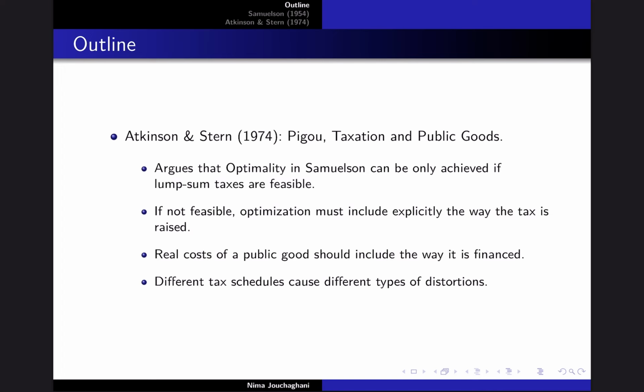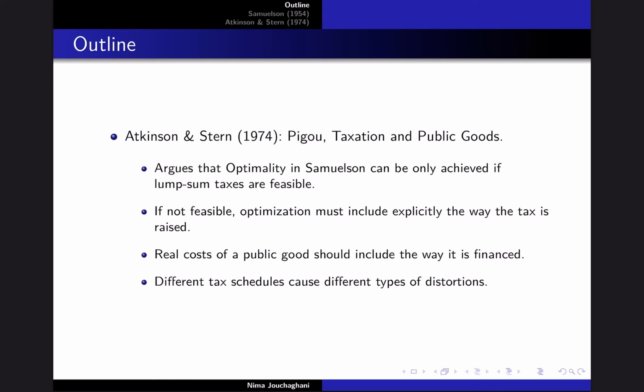The point with lump sum taxes is that they do not create distortions, because they don't change relative prices in the economy, but simply take a fixed amount away from each individual. So the prices of the goods in the economy are the same, but everybody gets a decrease in his income.